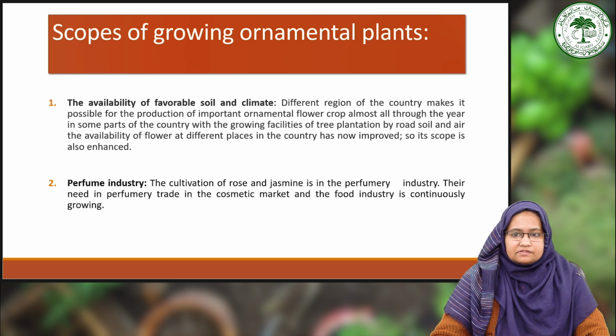The different regions of the country make it possible to produce ornamental flower crops almost all through the year in some parts of the country. With growing facilities of transport by road, rail and air, the availability of flowers at different places in the country has improved, so its scope is also enhanced.